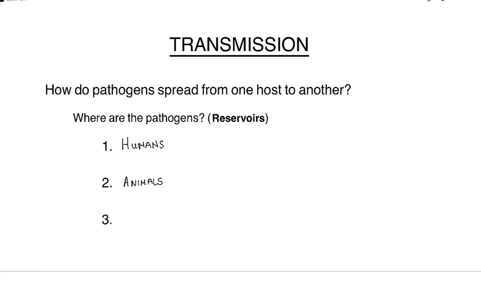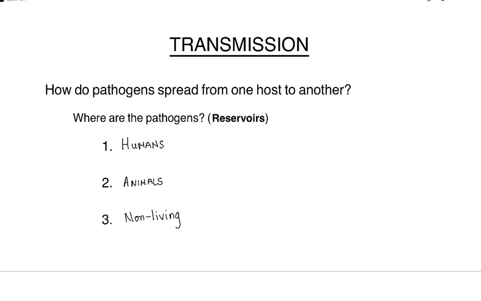And then the last type of reservoir that we can encounter is one that I'm just going to call non-living. This would be like pond water, soil. Examples of this one: cholera. Cholera is an ocean bacteria, actually.